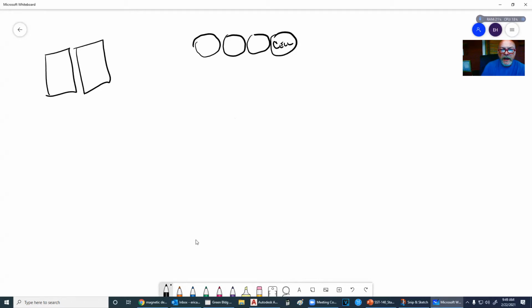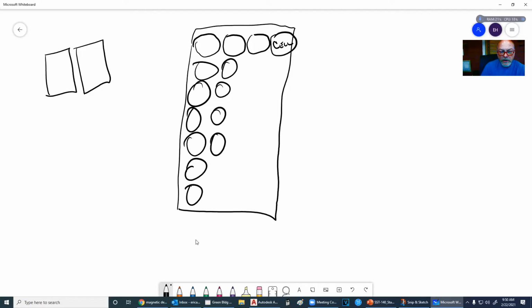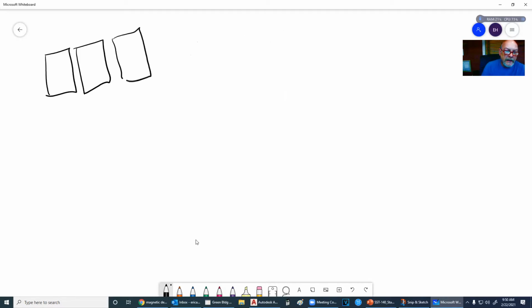All right, and when we have a whole bunch of cells put together, we tend to call this a panel, but in the industry it's actually a module. We call this a module. When we take modules and group them together, we have what is called an array.